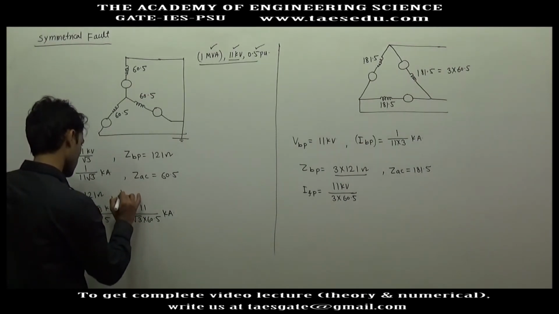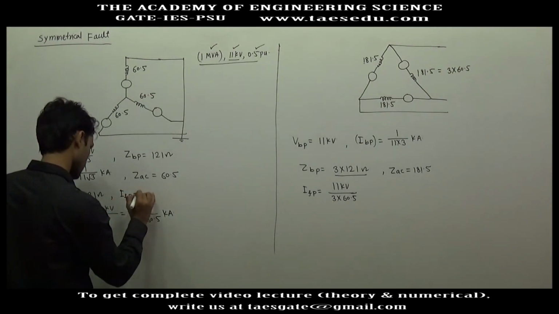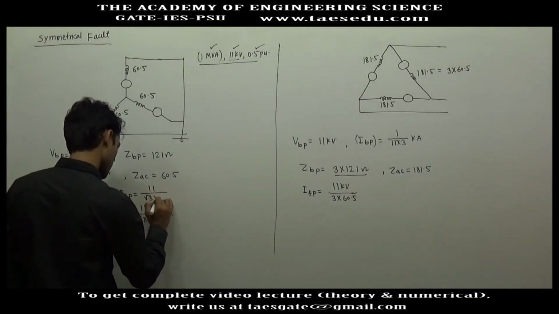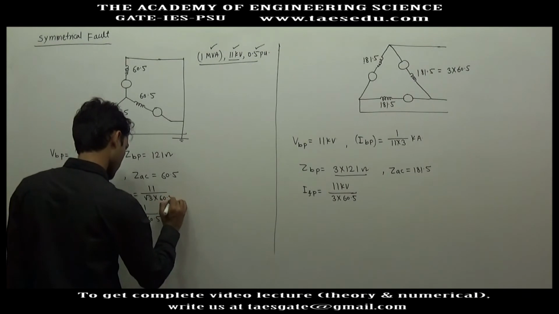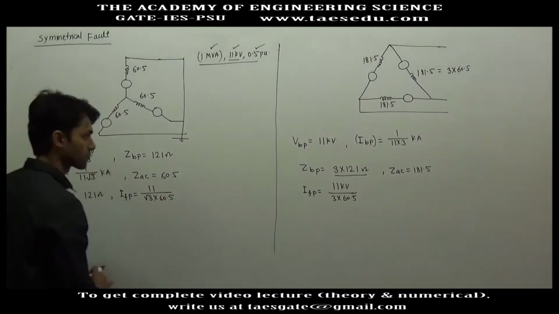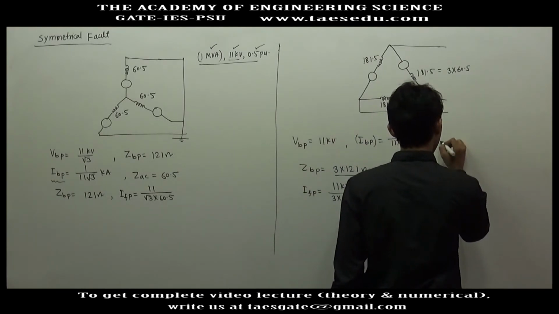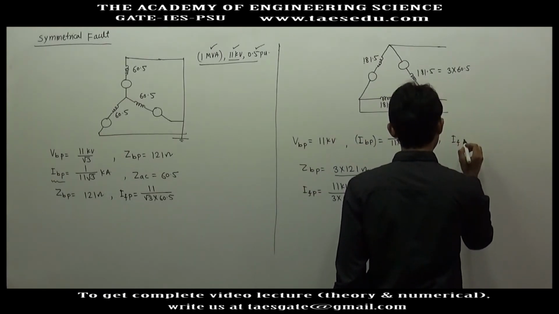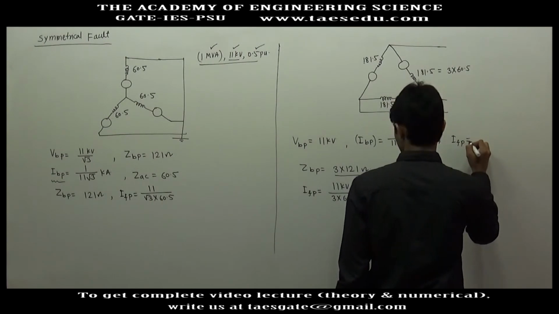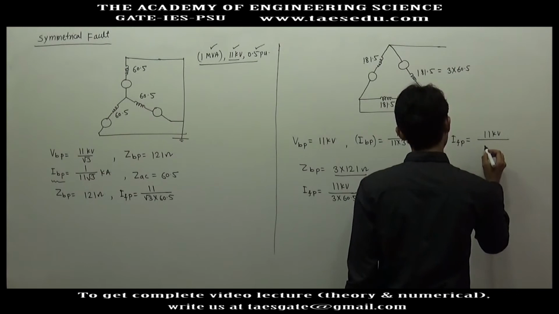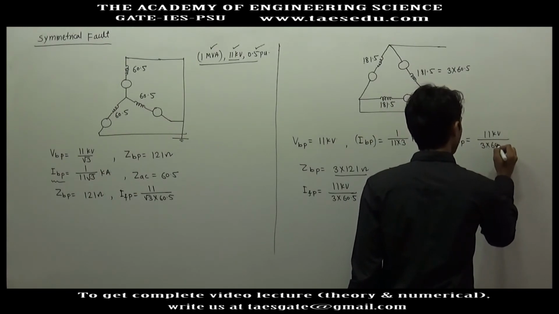I will write here the fault current in phase is 11 divided by root 3 into 60.5, and in case of delta, the actual value of fault current in phase is 11 kilovolt divided by 3 into 60.5.